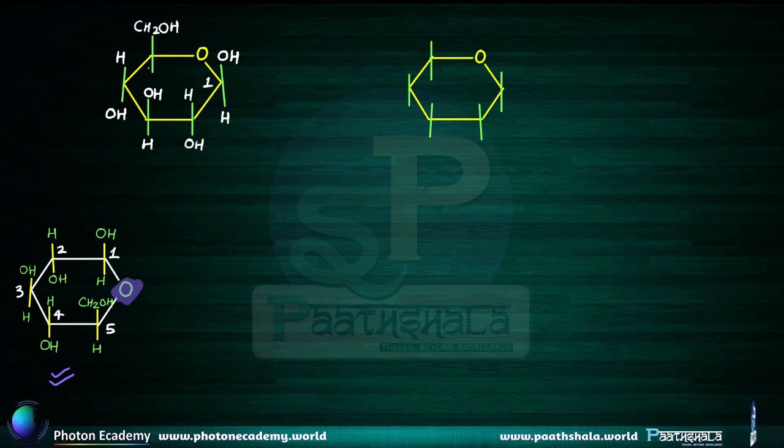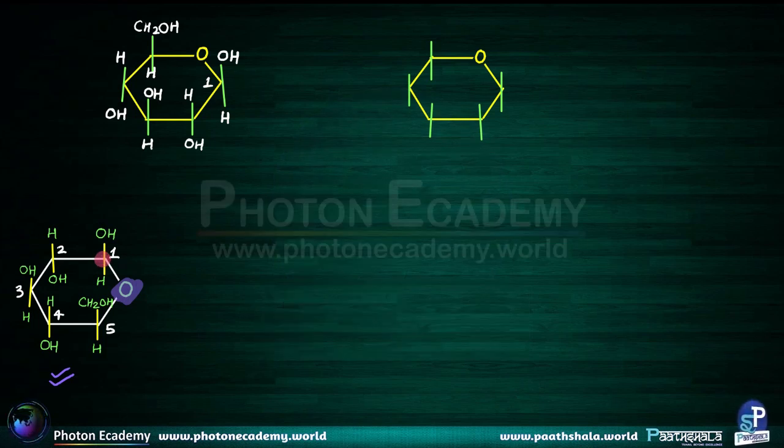Now we know that C1 here, the first cyclic carbon, was anomeric. Anomeric means it could change its configuration. The OH could go down. So in this next one, I'm going to place this OH that I had placed here in the downside direction.